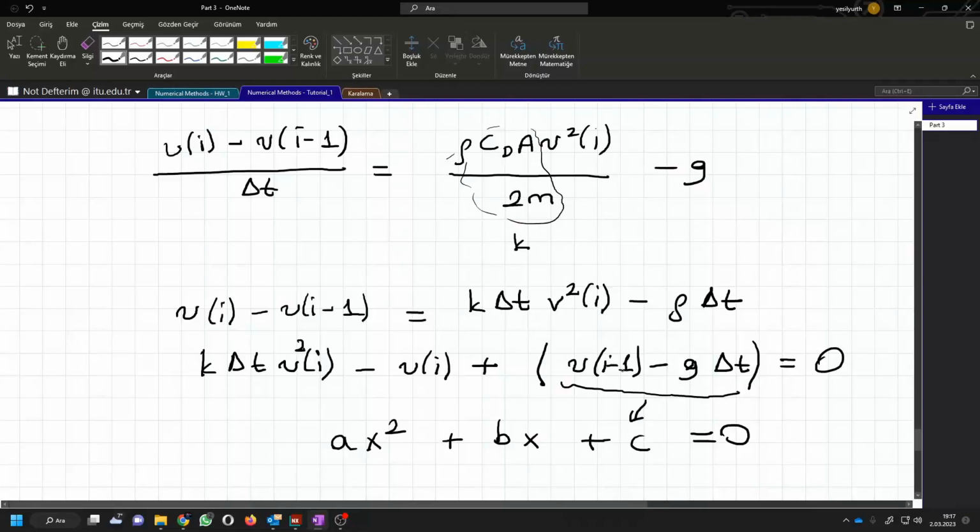Right now I know this one. G is constant, delta t is determined by myself. B is minus 1, if you look here. And A is k times delta t.